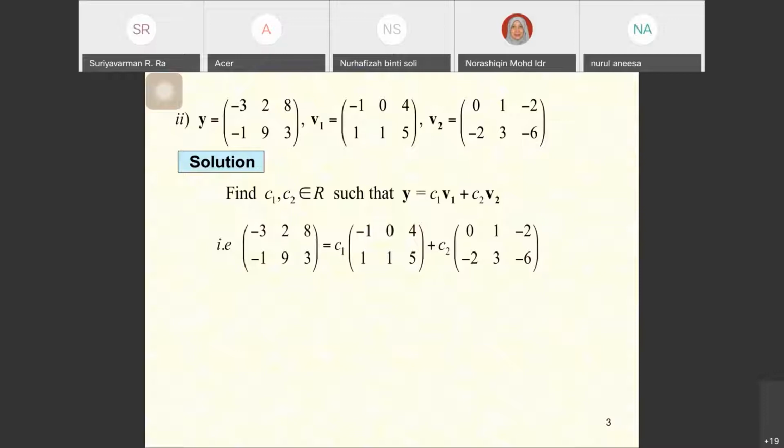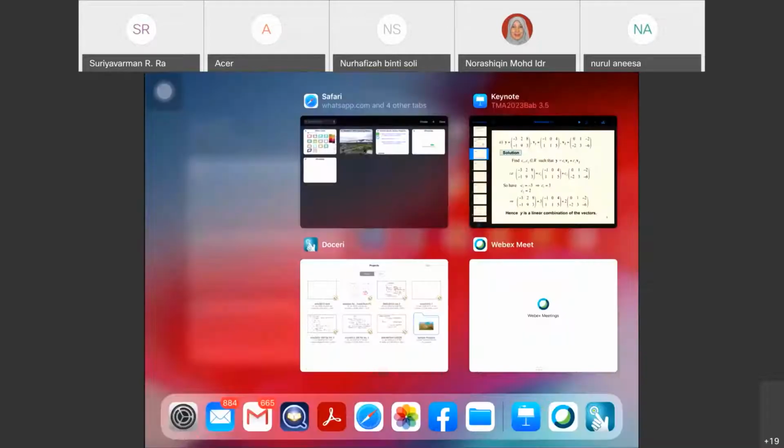Next. Apa ni? C negative C1, negative C2. Okay, Nurul. Good. If you guys look at the. Mana saya punya tu tadi? WhatsApp.